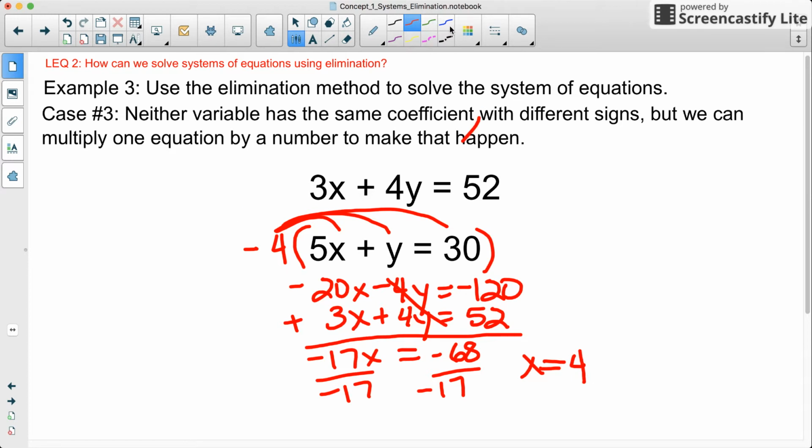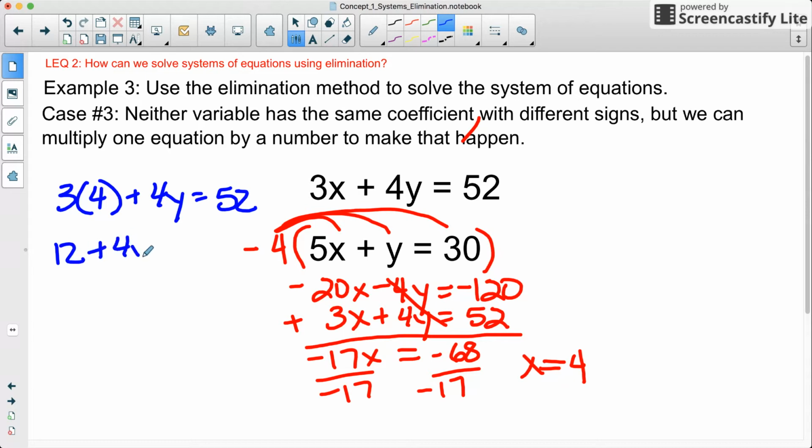Now we have to use substitution and figure out what y would equal. I'm going to use the first equation. 3 times 4 plus 4y equals 52. 3 times 4 is 12. 12 plus 4y equals 52. I'm going to subtract 12 from both sides.